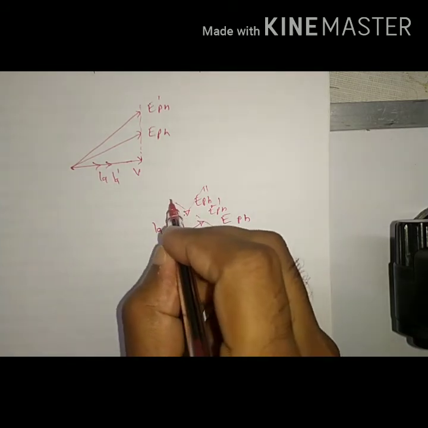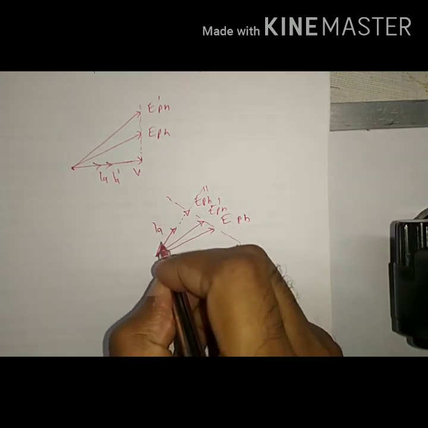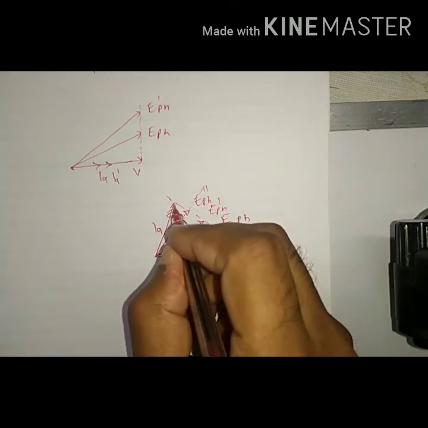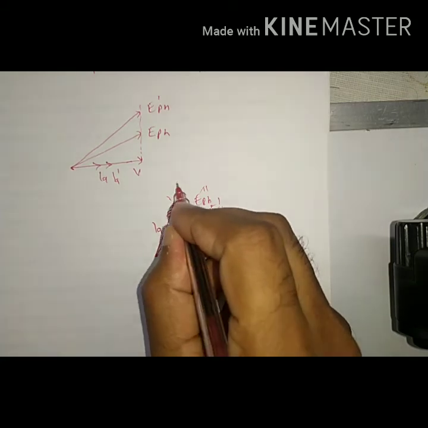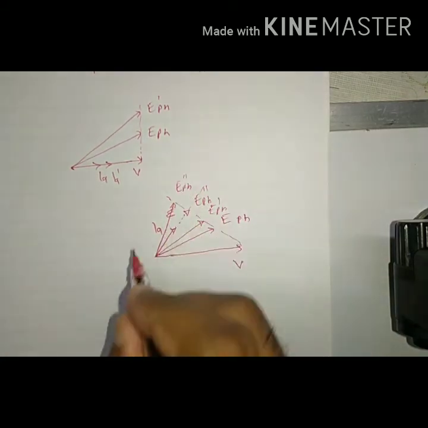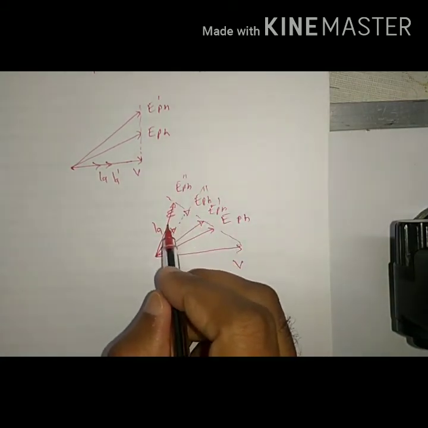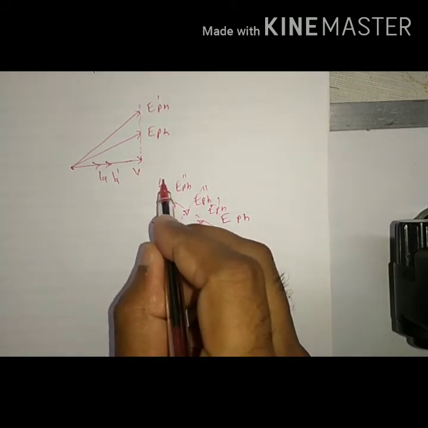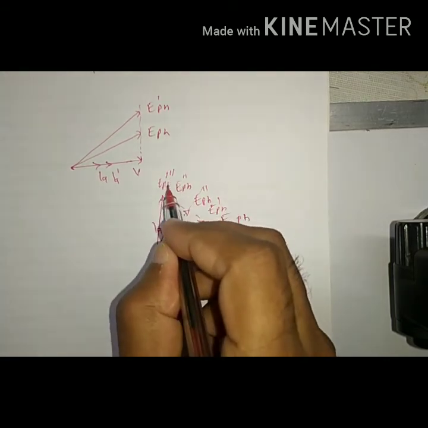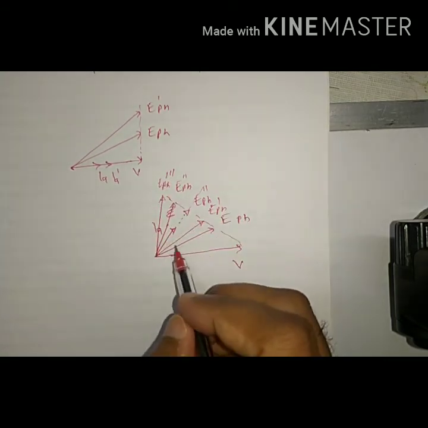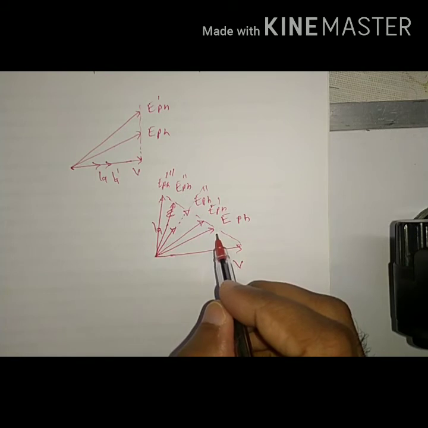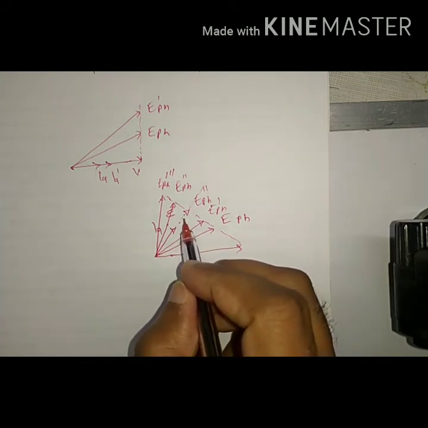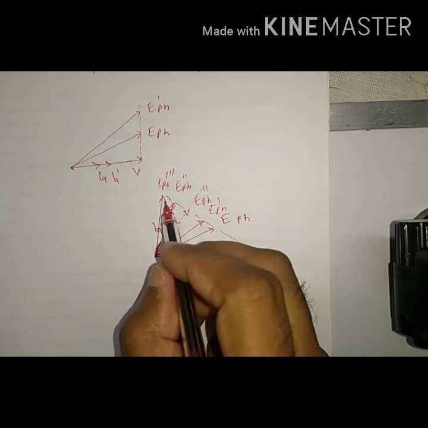After this, what happens? If you further increase the load, EPH will come here, EPH triple dash. This length is greater than this, so it is increasing further. Like this, in case of leading power factor, excitation is decreasing and after that it increases.